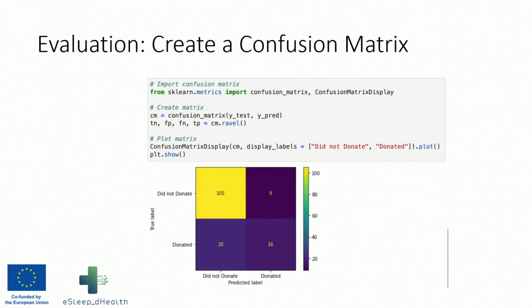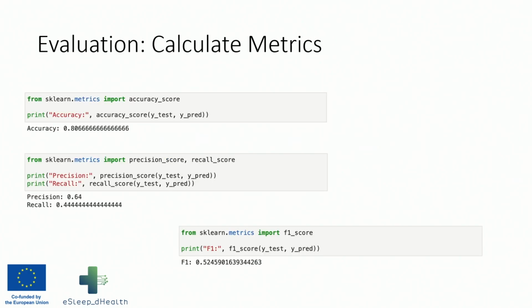There is a specific plotting function only for confusion matrices. You can use it there. It's very simple. Okay, and then there are also different functions to calculate the metrics we have learned about.